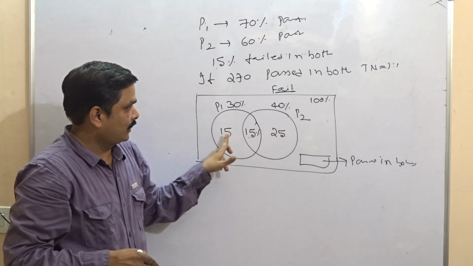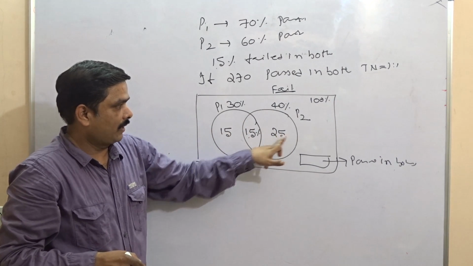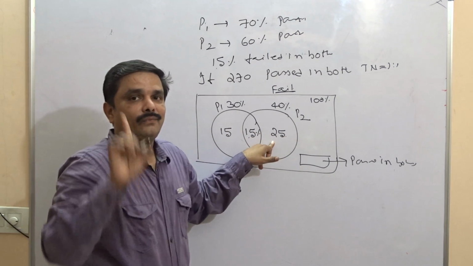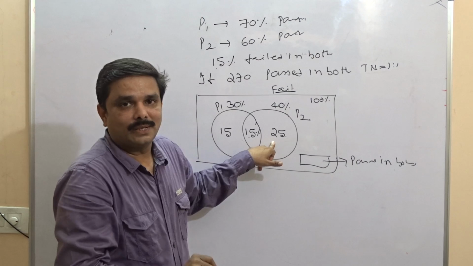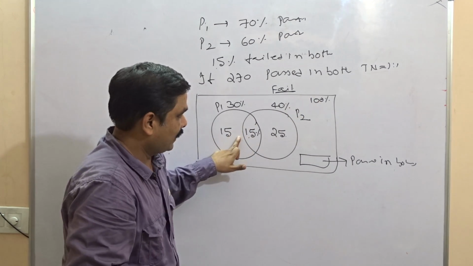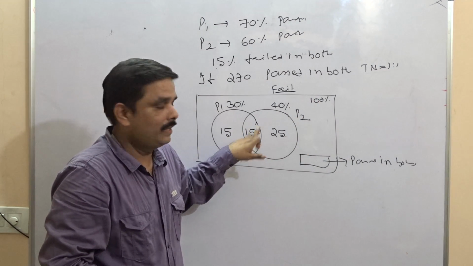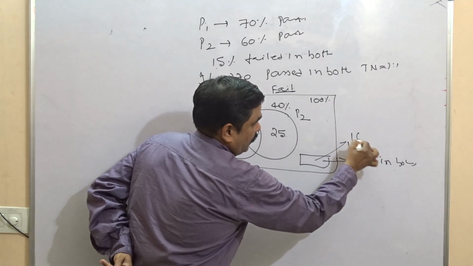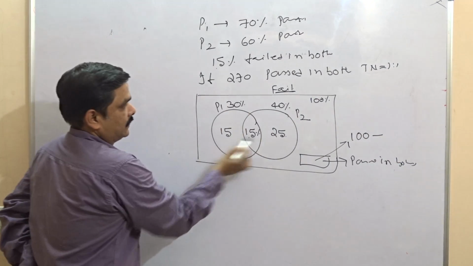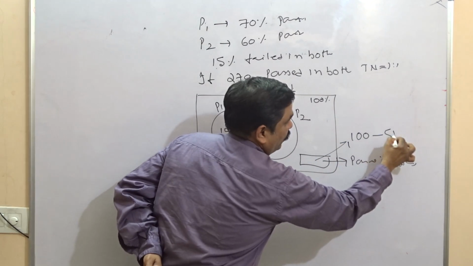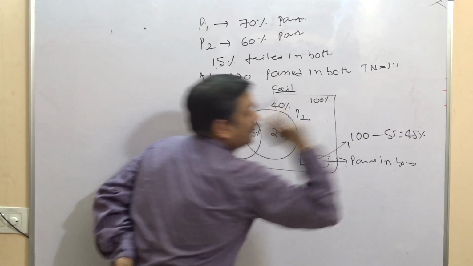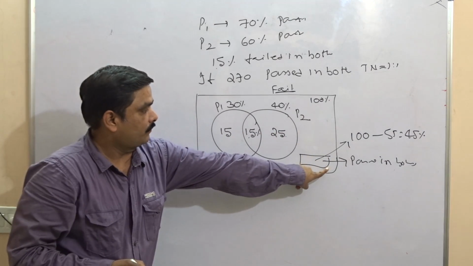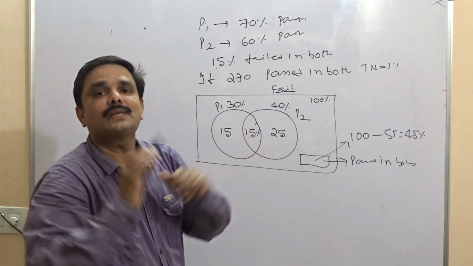I added up this one: 30 plus 25, 55. 55% of the students failed in at least one subject. Total minus failed in at least one will give me passed in both. Now 100 minus 55, now it is 45. What's the final conclusion? 45% of the students passed in both the subjects.